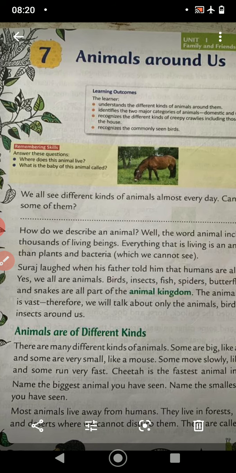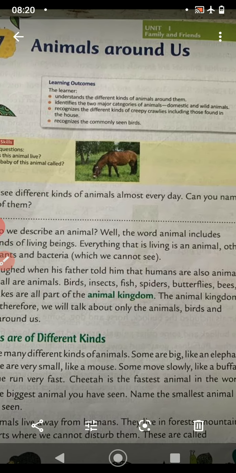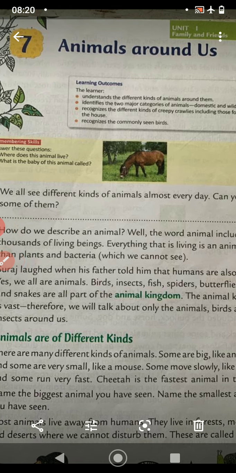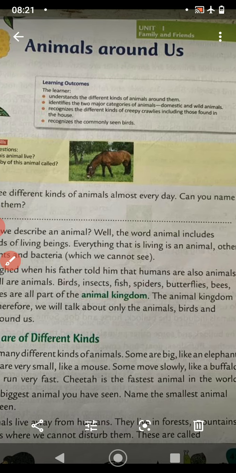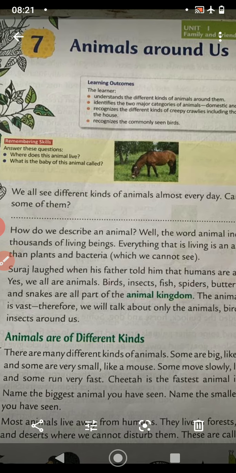Suraj laughed when his father told him that humans are also animals. Yes, of course, humans are also animals. We are all animals. Birds, insects, fish, spiders, butterflies, bees and snakes are all part of the animal kingdom.